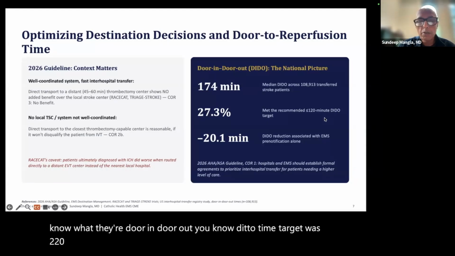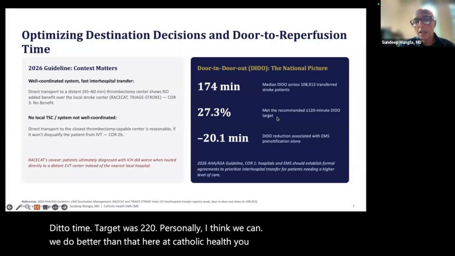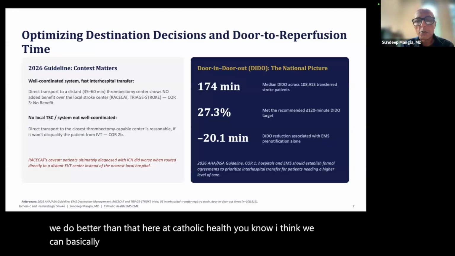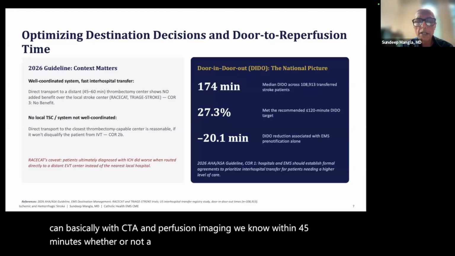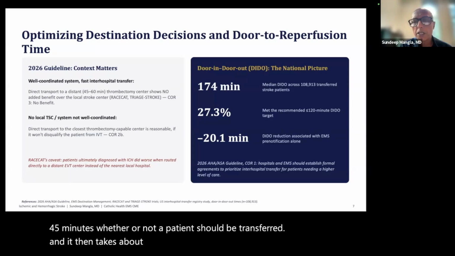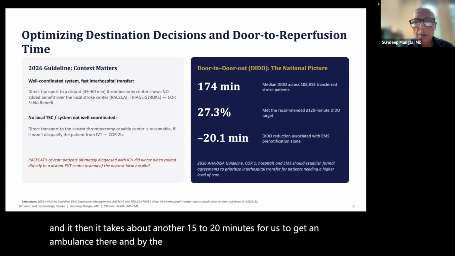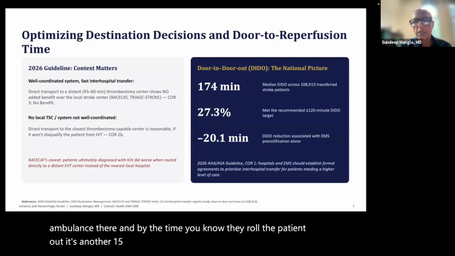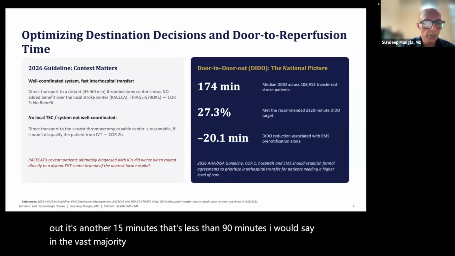Personally, I think we do better than that here at Catholic Health. With CTA and perfusion imaging, we know within 45 minutes whether or not a patient should be transferred. Then it takes about another 15 to 20 minutes for us to get an ambulance there, and by the time they roll the patient out, it's another 15 minutes. That's less than 90 minutes in the vast majority of our cases, which is what we should be shooting for.